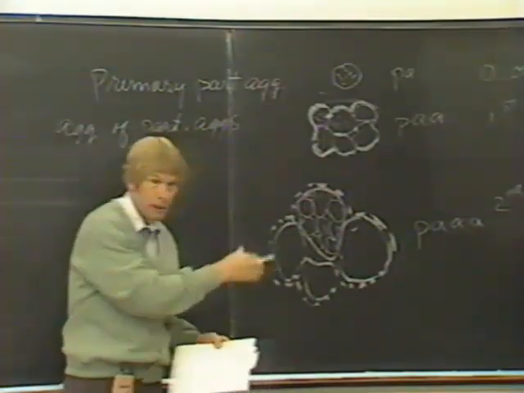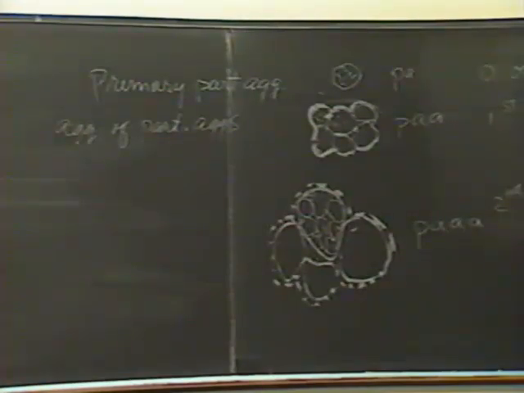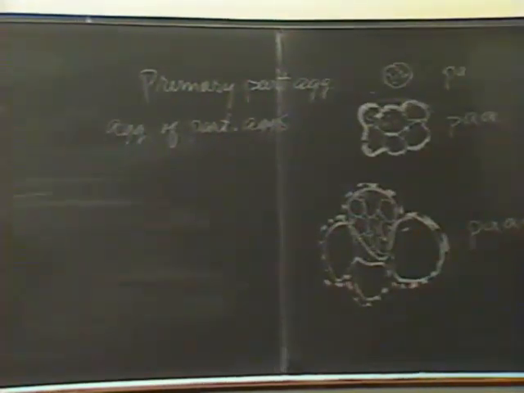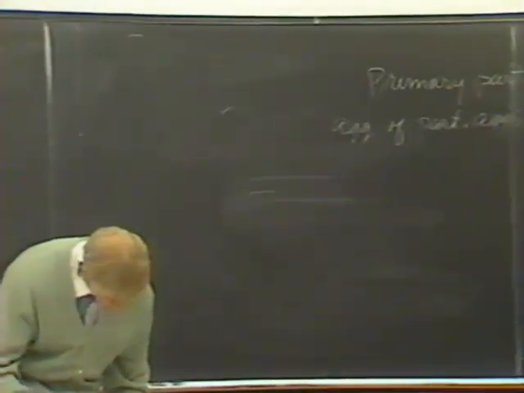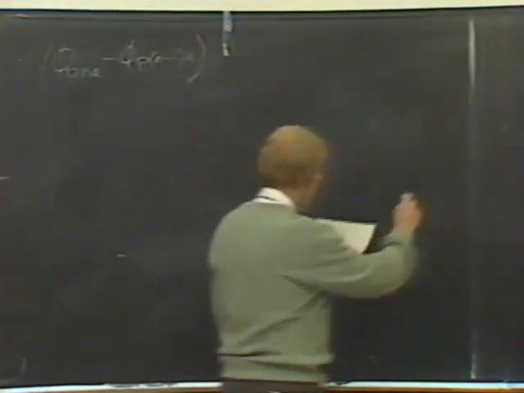And this can be simplified further to phi NA is equal to phi A times 1 plus N minus 1 times epsilon sub I.